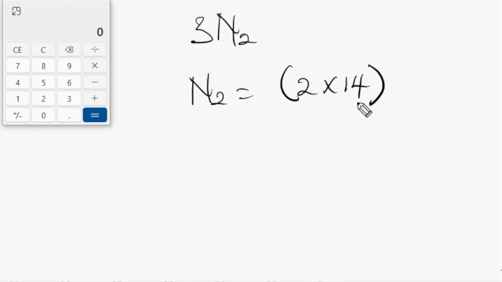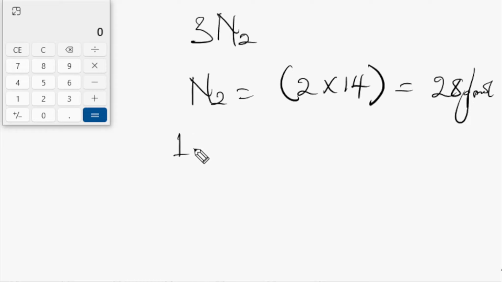Nitrogen has an atomic mass of 14. Then since we have 2, that's 2 times 14. So guys, that's 28 here, but that's in gram per mole. So this means that each mole of this substance has 28 grams.